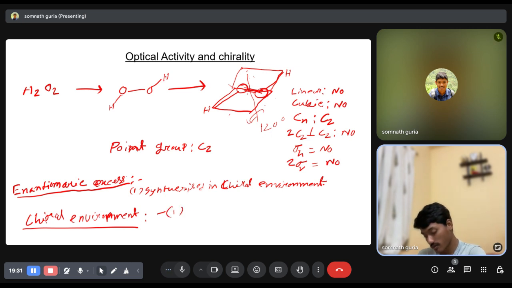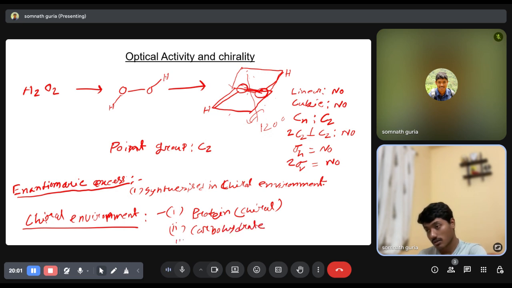First of all we have protein. Protein is a chiral molecule. We will talk about protein in a later part. The second one is carbohydrate, and the third one is nucleic bases.